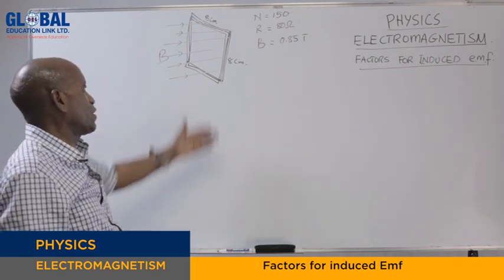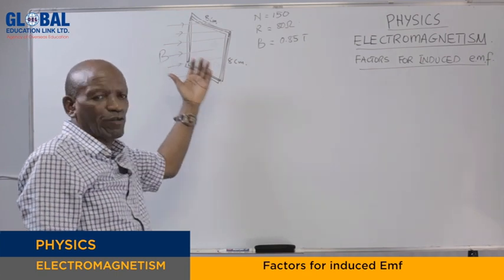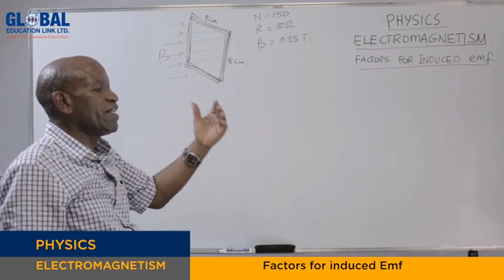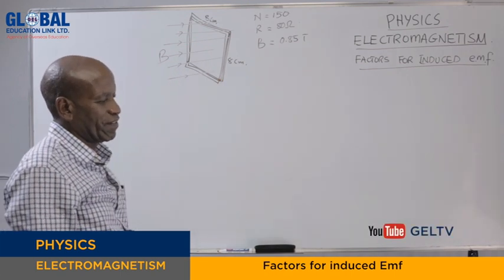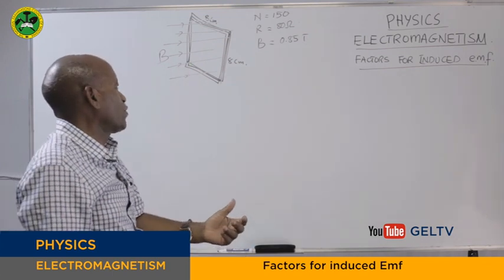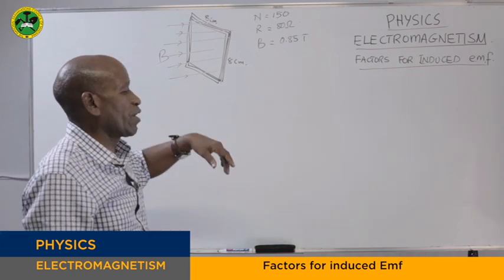Now we are given that this coil is going to be moved very quickly away from the field in 0.15 seconds. Removing the coil will cause an induced EMF in that square coil.